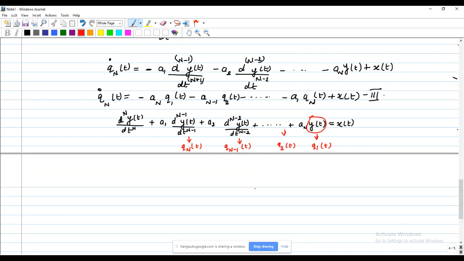Now what we are determined to find is, see, this is my qn t. So when I'm saying qn t, it is actually the n minus 1th derivative of y of t by dt n minus 1, right?